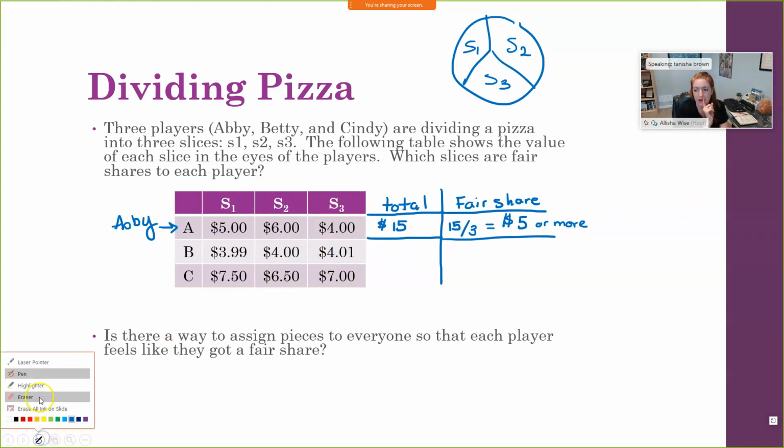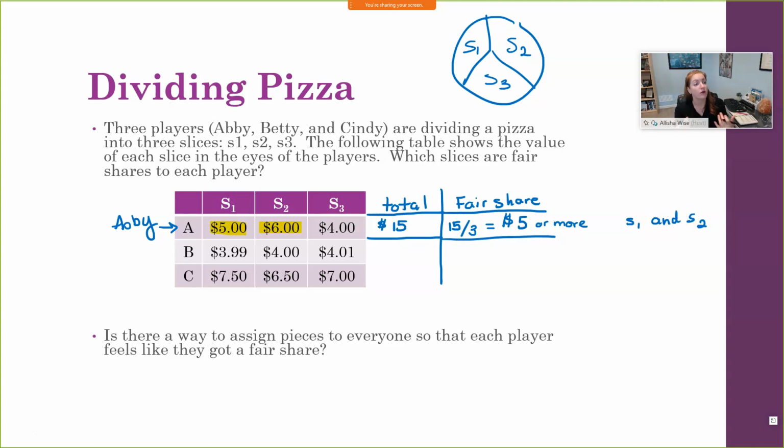She'll get S1 or S2. Okay, very good. So the fair shares are anything $5 or more. For her, $5 works because that's exactly what we got. So S1 would work for Abby and S2. She would feel like those 2 slices are fair. If she got S3 though, she wouldn't feel like it's a fair division, because it's cheaper in value? It's less than her fair share.